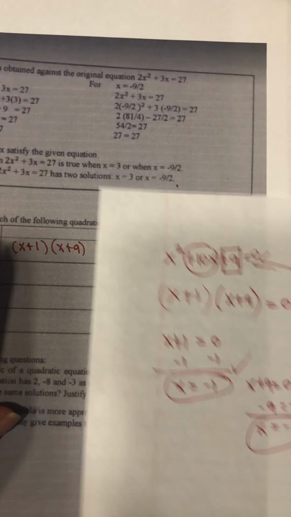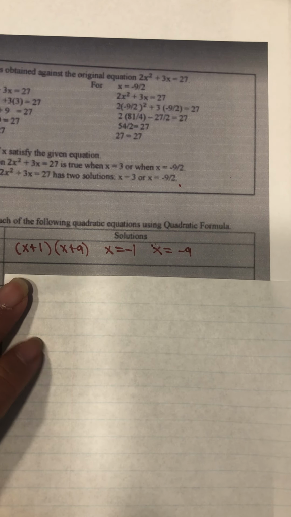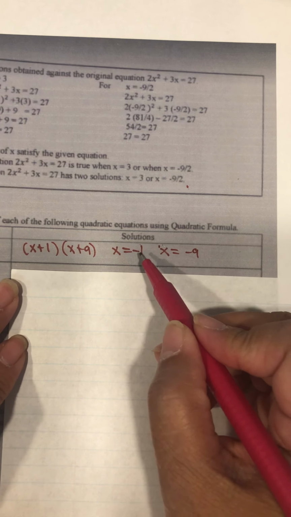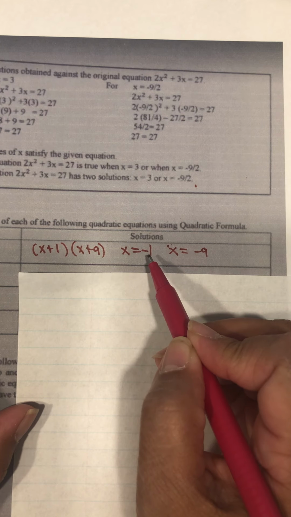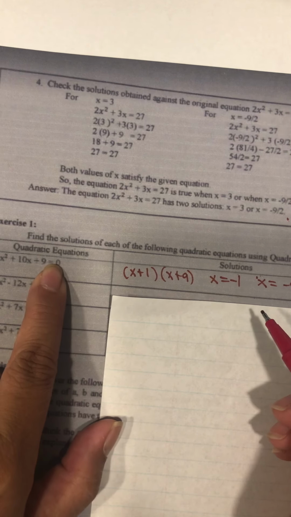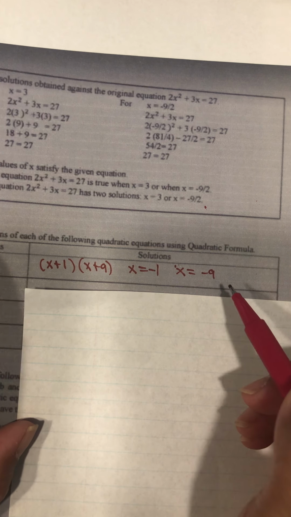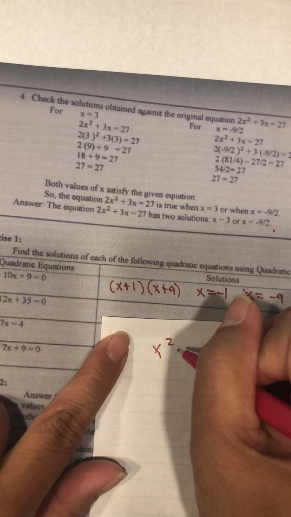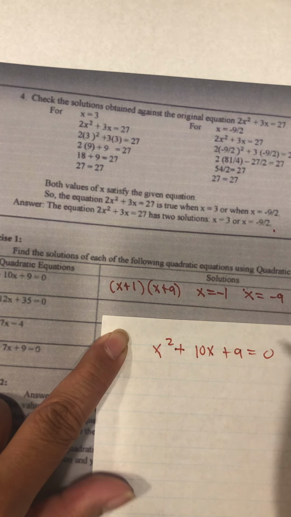So what that really means, Keith, is we say, okay, x equals negative 1 is a solution. What that means is if you substitute x by negative 1, it will make this equation true. If you also substitute x by negative 9, it will make this equation true. So let's give it a try. x squared plus 10x plus 9 equals 0.